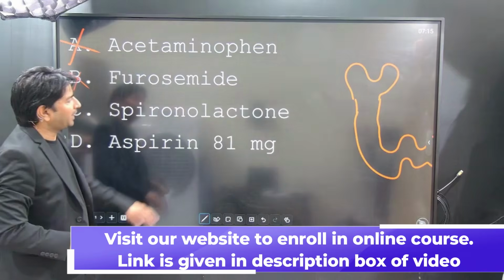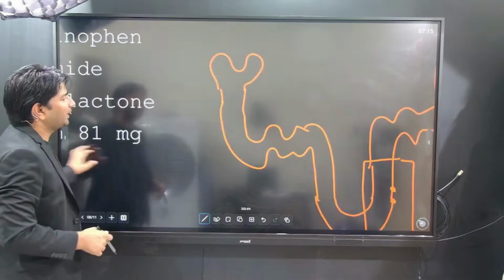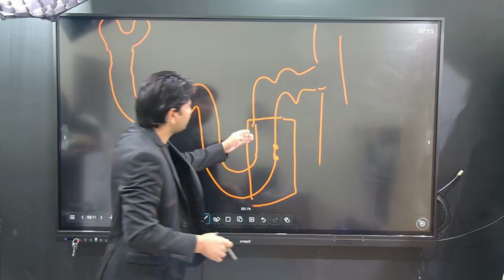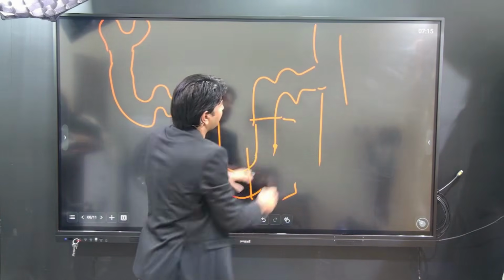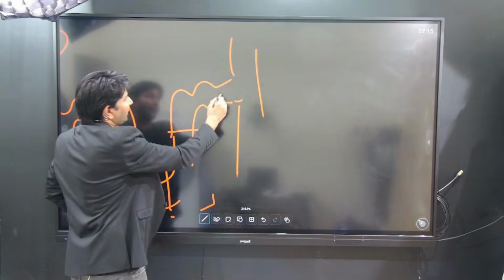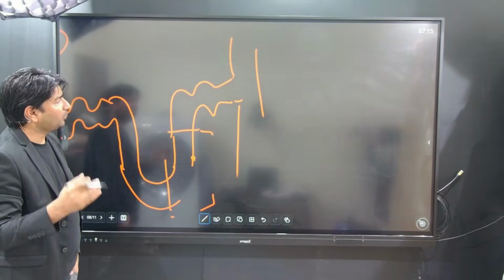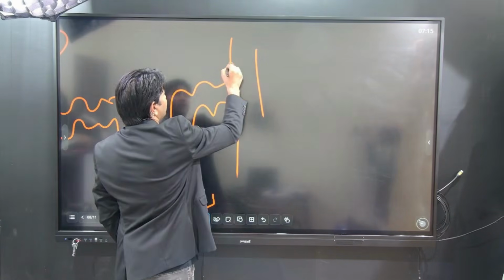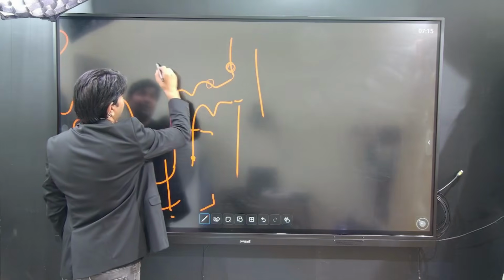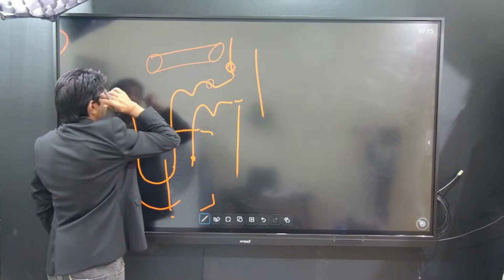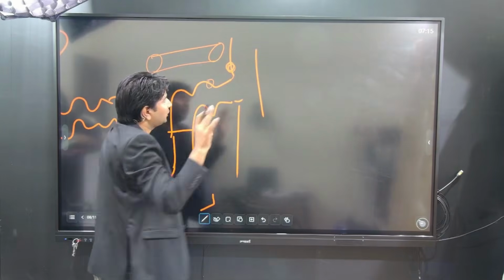Next is spironolactone. Spironolactone is also a diuretic, but it doesn't work on that specific part. Spironolactone works on the distal convoluted tubule and the collecting duct, so it blocks the principal cells. I'm talking about normal conditions right now.